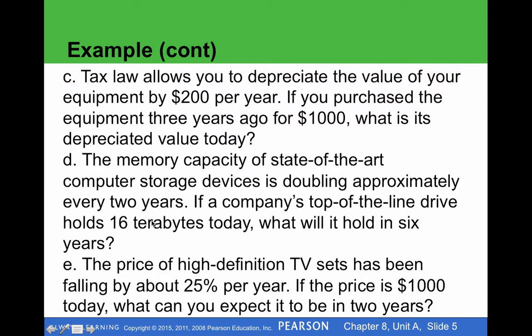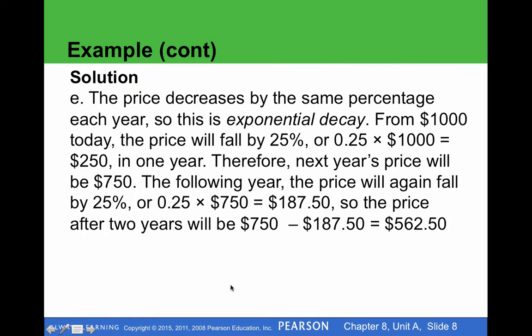Then the last one, the price of high definition TV sets has been falling by about 25% per year. That's definitely not true, but if it was, that would be an exponential decay. If the price is $1,000 today, what can you expect it to be in 2 years? Since it's decreasing by the same percentage, that's exponential decay. For the first year, the price will fall by 25%. 25% of 1,000 is 250.